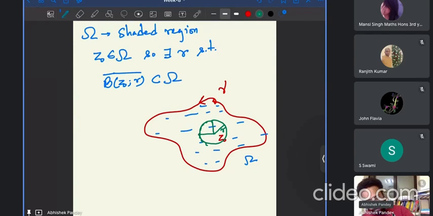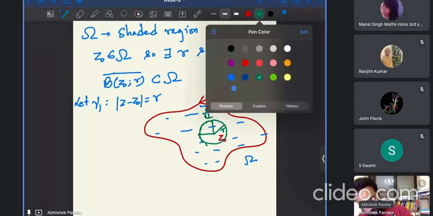Okay. So what we are going to do here is, let gamma 1 be the set where mod of z minus z naught is equal to r. So this is your gamma 1. This curve, this circle, is your gamma 1.